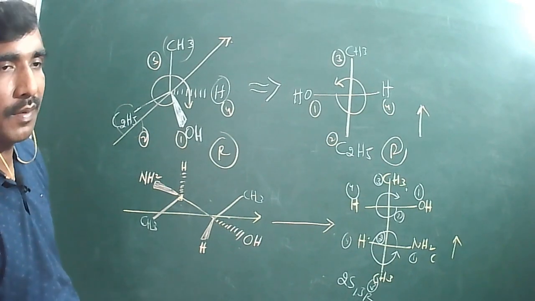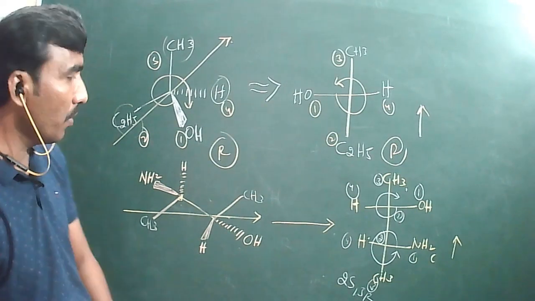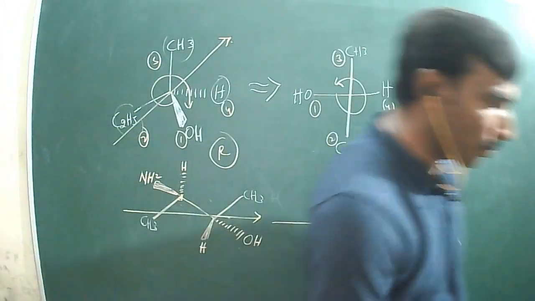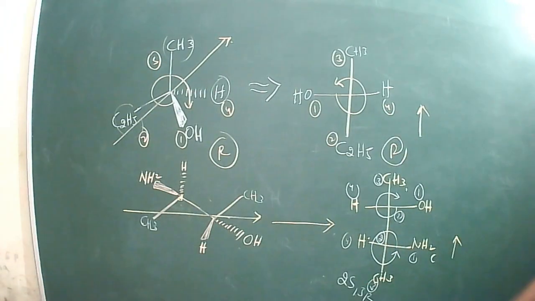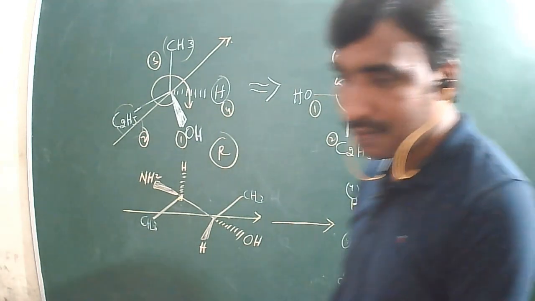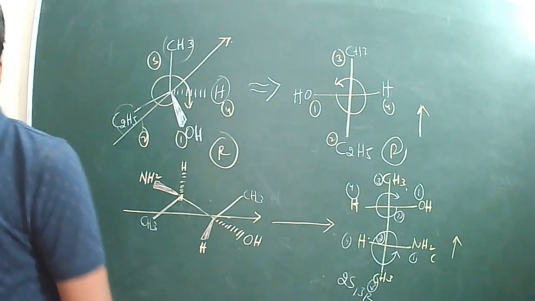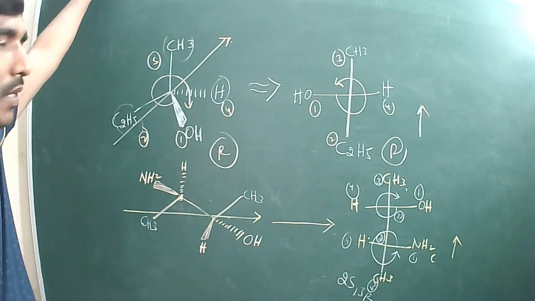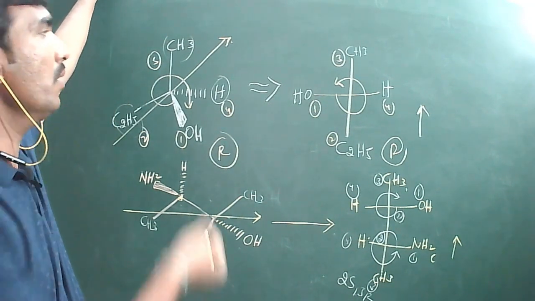That's it. It means you can either use the direct method here, or you can easily convert it into Fischer projection formula. Do you know how to convert it into Fischer projection formula? Any doubt here? All 7 examples, whatever you did. It is one of the shortcut methods to convert it.